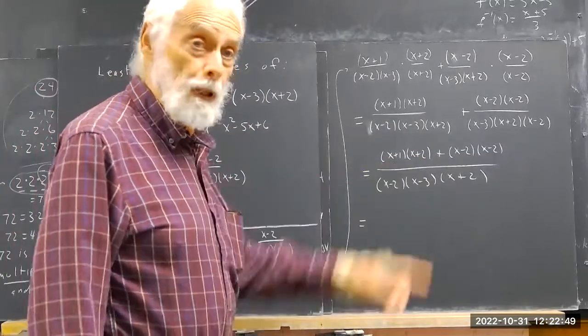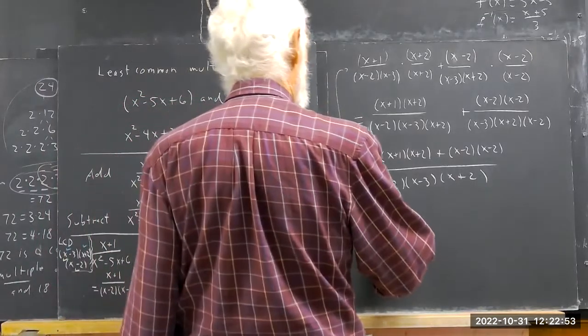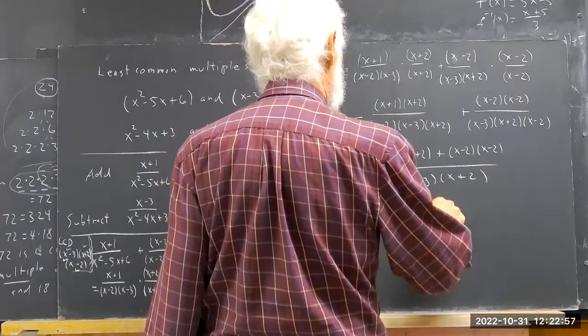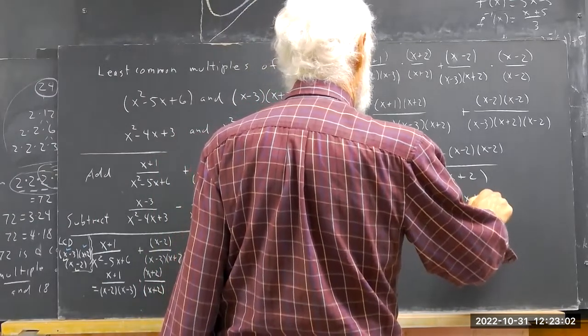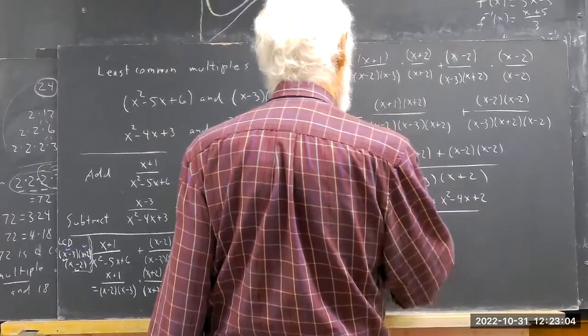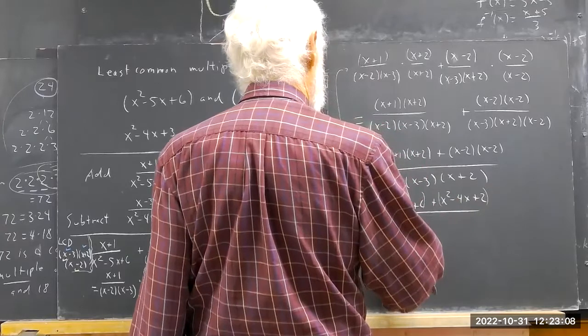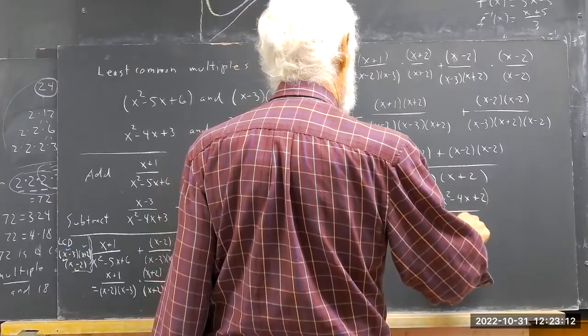We can multiply these using the distributive law. We're going to get x squared plus 3x plus 6 plus x squared minus 4x plus 2, divided by (x minus 2)(x minus 3)(x plus 2).